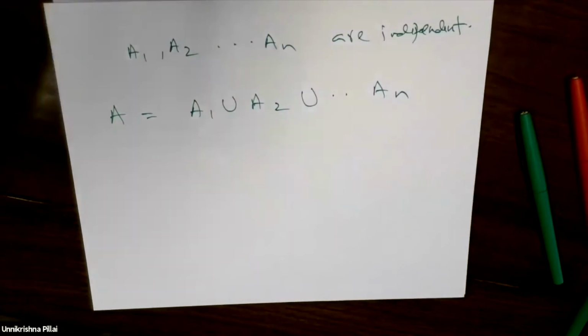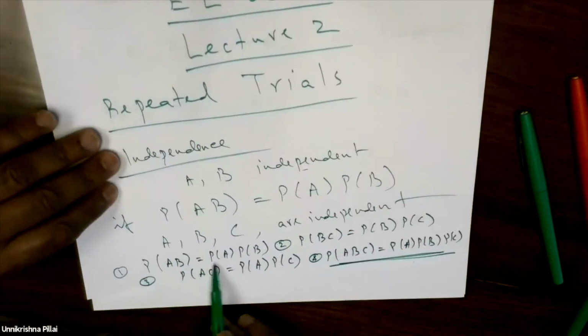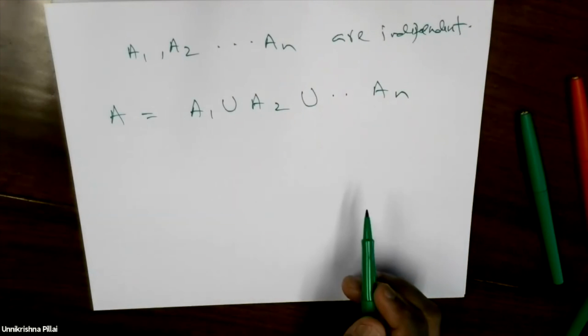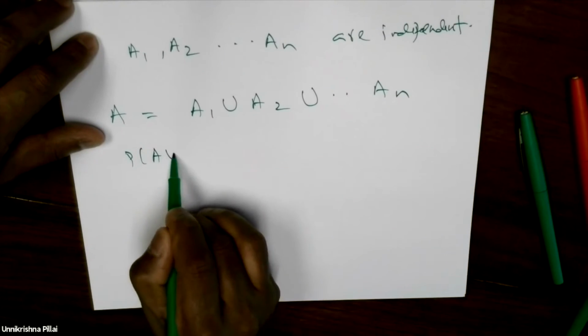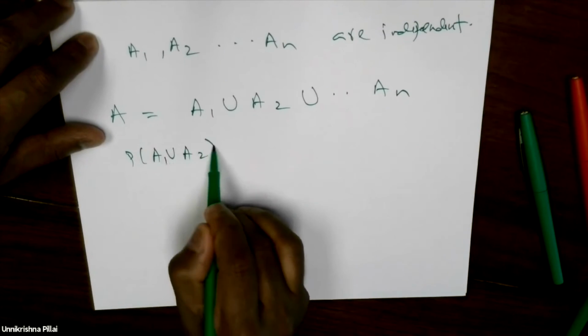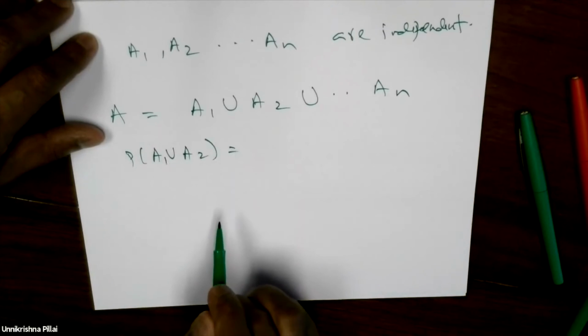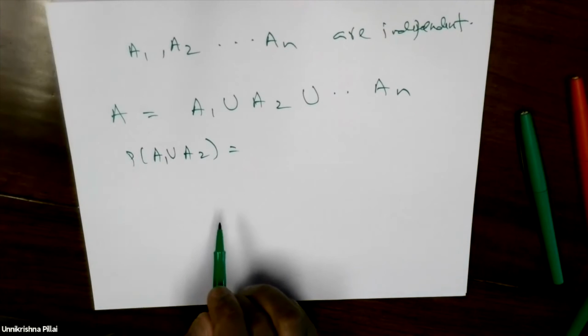Remember the definition of independence: it is not for union, it's for intersection. Whereas here I am asking, how do you find this? In fact, let me ask you this: if A1 and A2 are independent, how do you find the probability of A1 union A2?